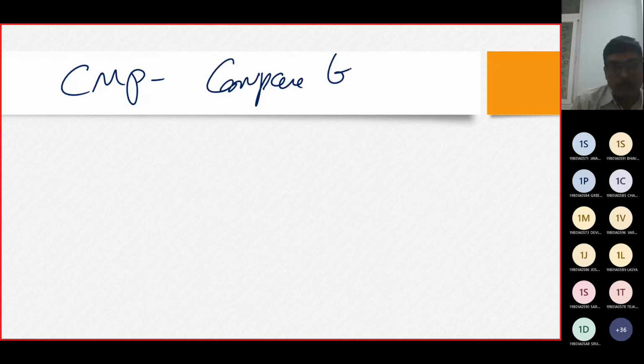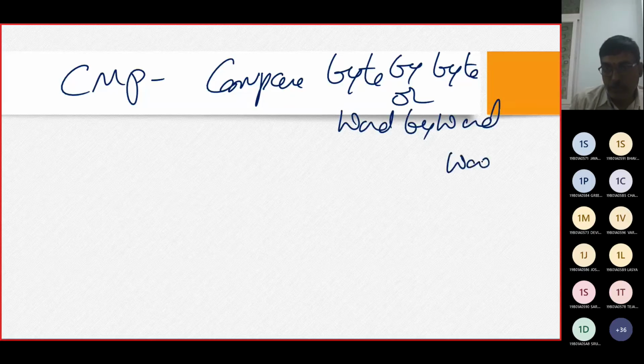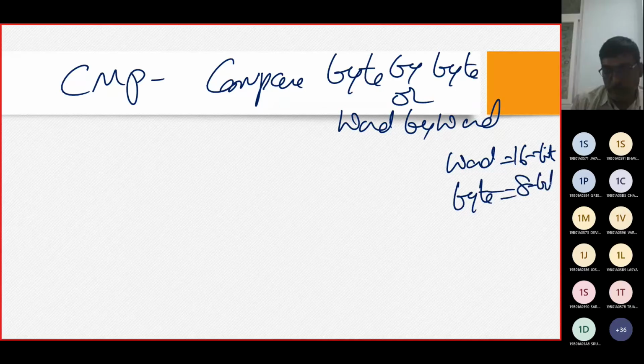After negate, the other instruction is CMP. CMP stands for compare, byte by byte or word by word. Here word is equal to 16 bits, and byte is equal to 8 bits.